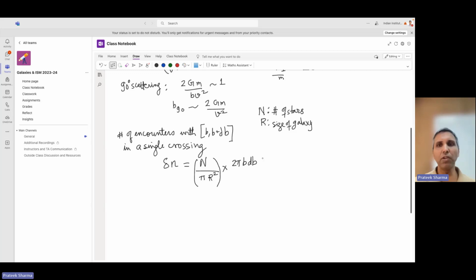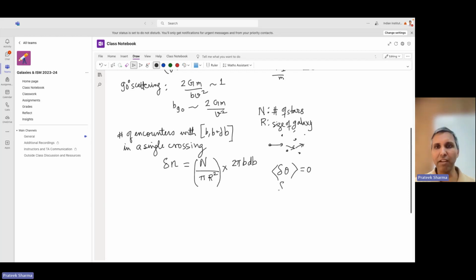Okay. Now we also know that when you have a test particle moving, there is a uniform distribution of matter. So sometimes you'll get deflected in this direction, sometimes in that direction. If the system is isotropic, you should not have a net deflection. So delta theta can be positive, negative, and in general, the average of delta theta will be 0 after many collisions.